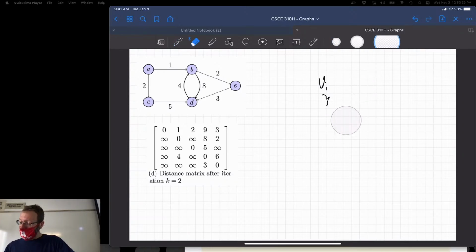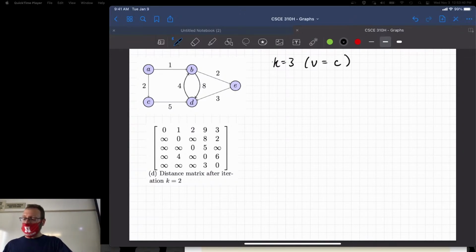Let's go ahead and go with the next iteration here, where k is 3. In other words, our vertex is C. Is C going to be an intermediate vertex for anything, just by looking at the graph? Sure. You can go from A to C and then over to D and improve your chances.